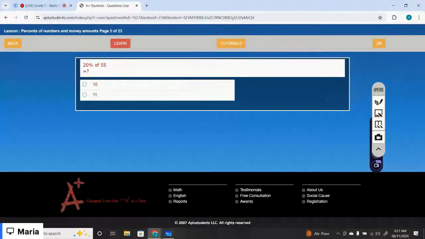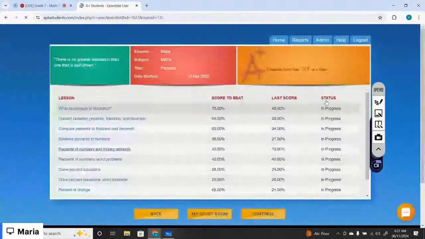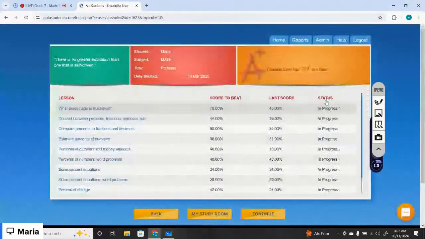That is 11. Option number 2 is the correct option, right? Okay, you can complete the lesson by yourself later today. The next one is solve percent equations. Let's just start with the lesson.